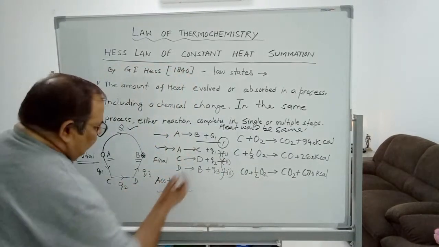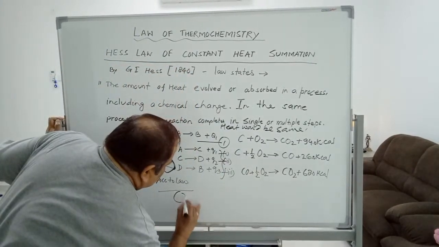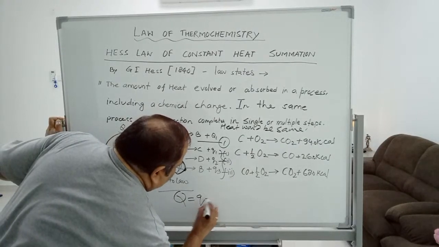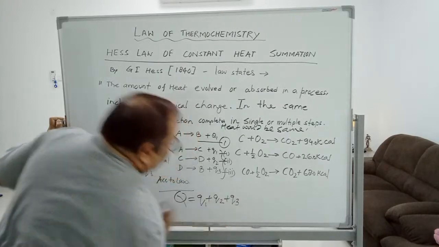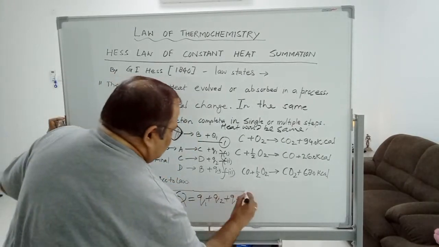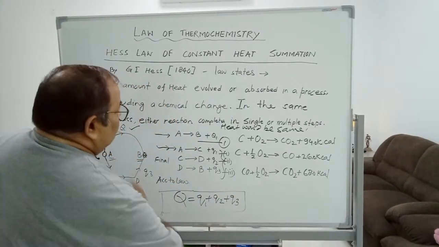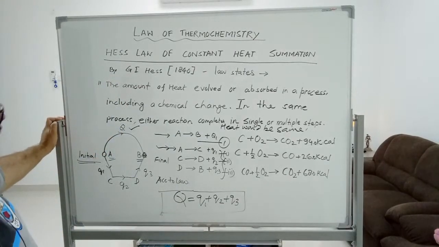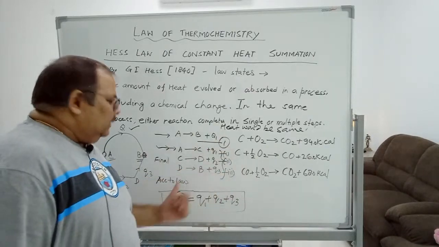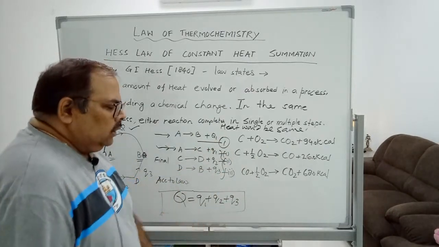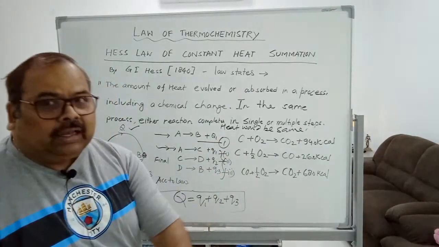See what will happen here? According to the law, Q will be equal to Q1 plus Q2 plus Q3. This is termed the heat summation law. The sum of all the heat is equal to the heat taken in a single step.